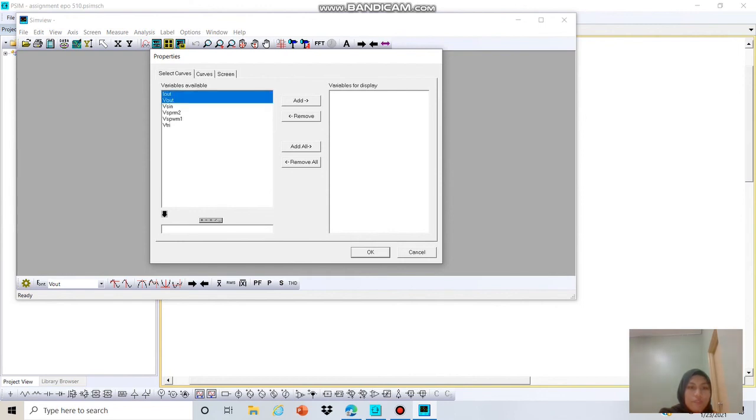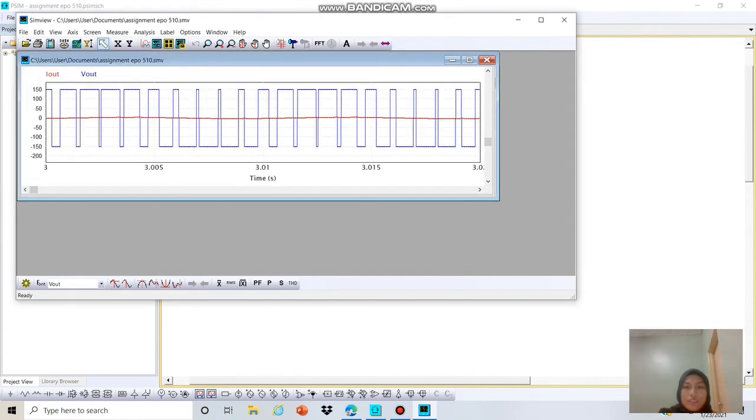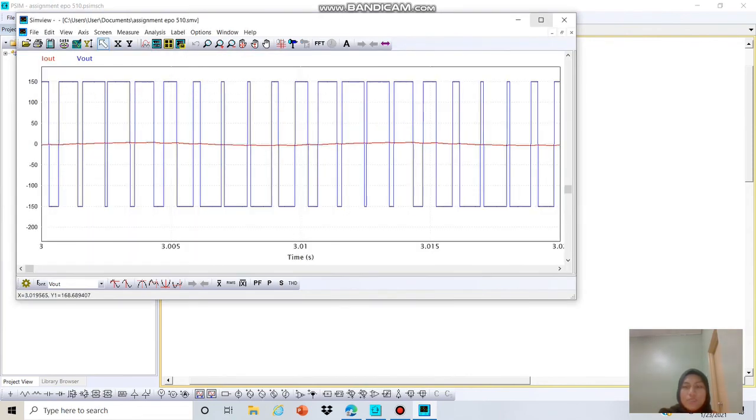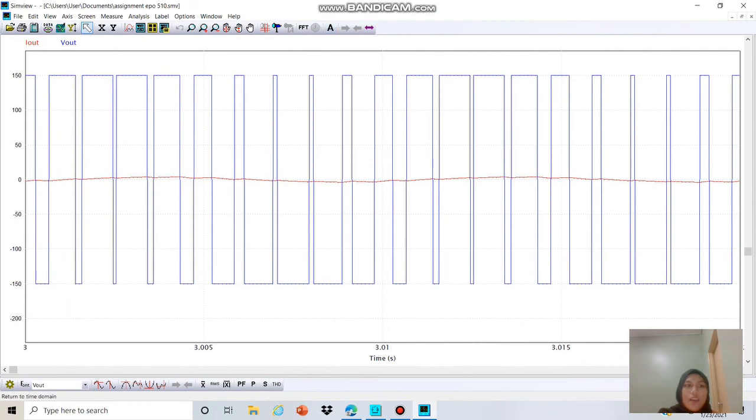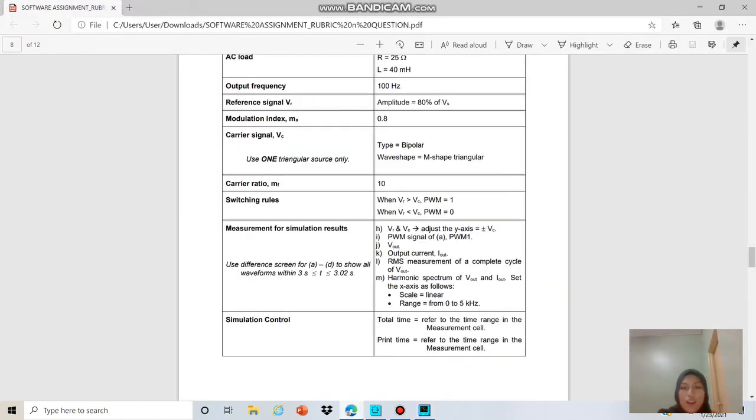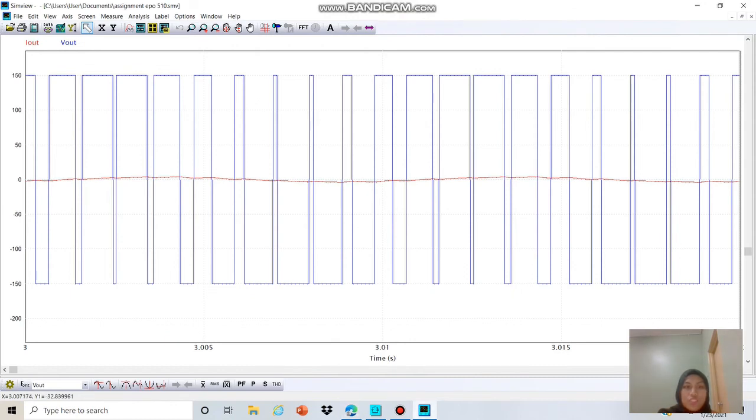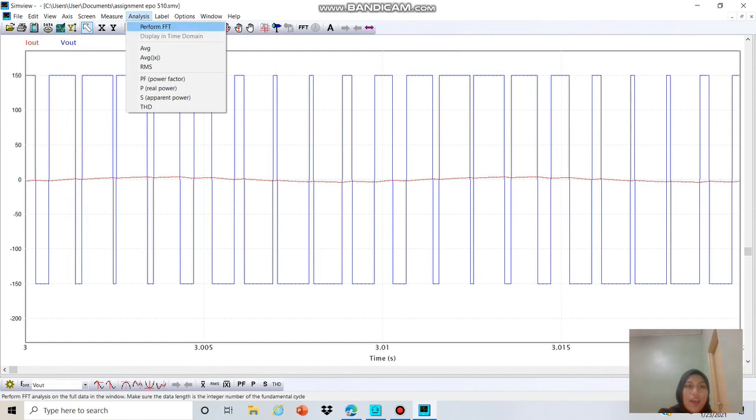Then this is the waveform of I out and V out, but the waveform is in time domain. The question asks for the harmonic spectrum, which is in frequency domain. So you have to change the waveform to FFT, fast Fourier transform, which is in frequency domain.